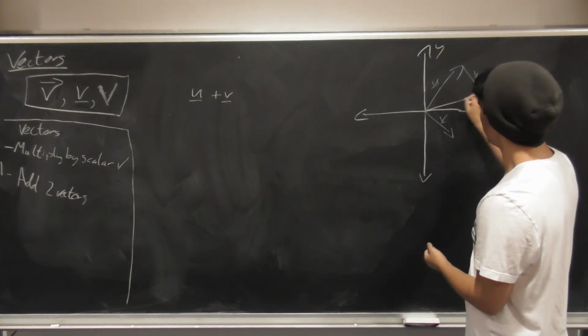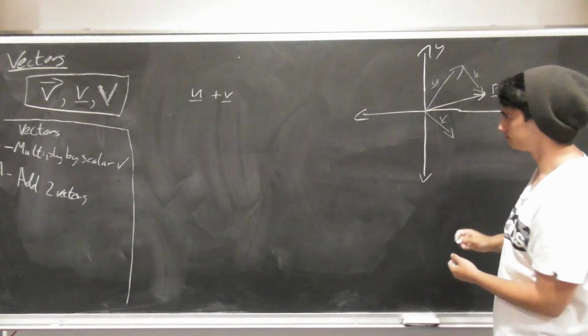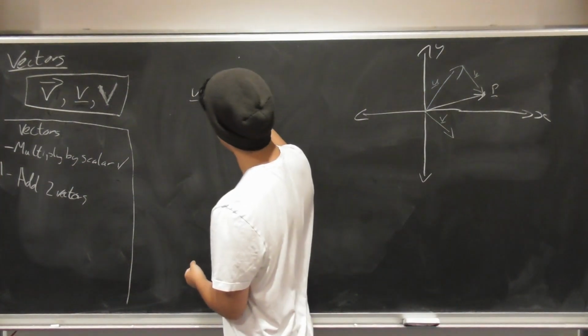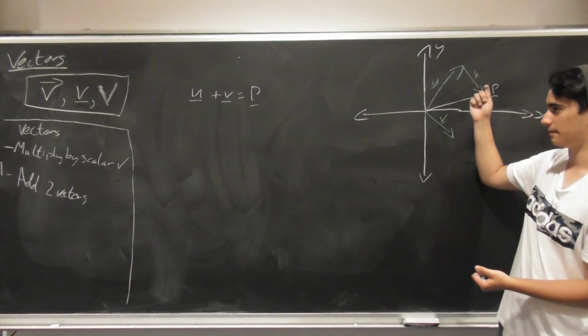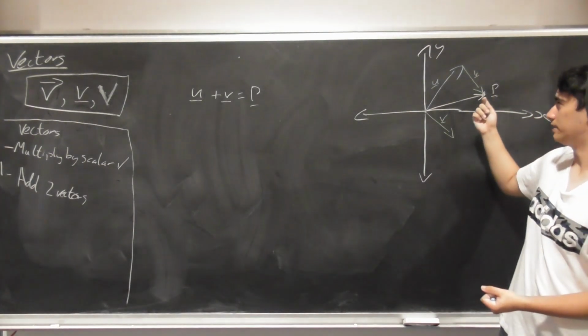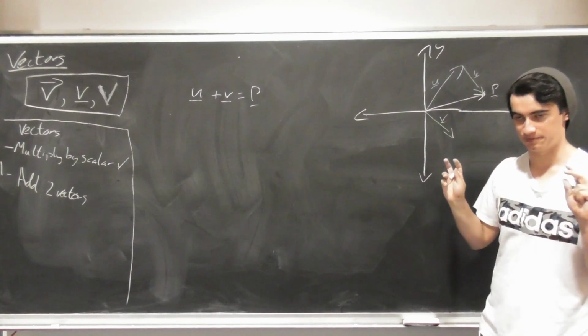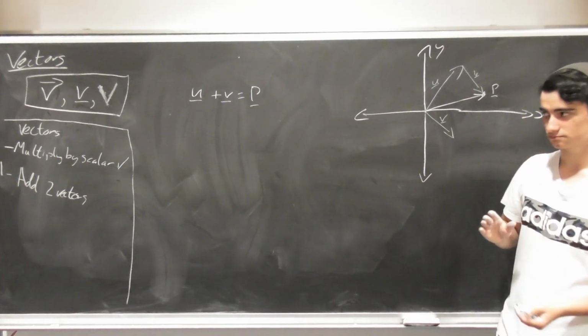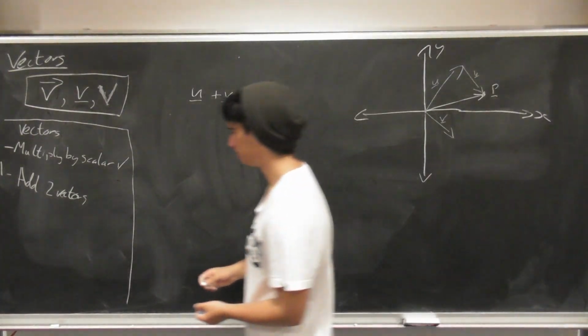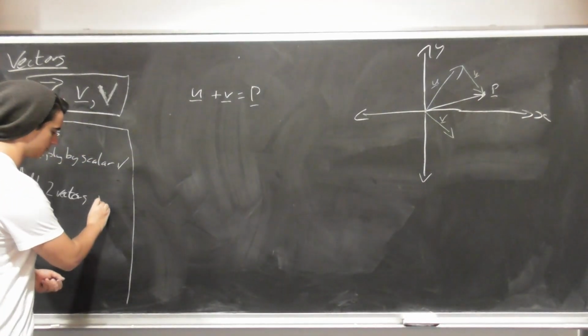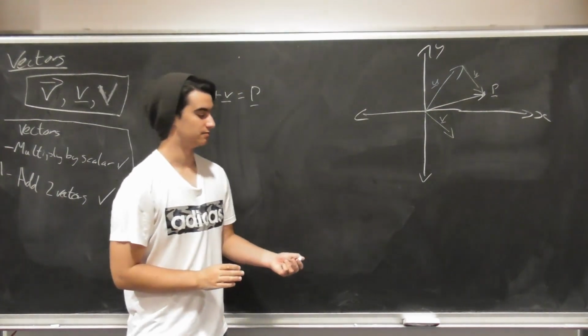Let's just say this is the vector p. So instead of saying every time that we have to move along u this amount and then along v, we can just say we're moving along the p vector instead. So this is the way that we add two vectors. We can add any amount of vectors as we want, but we'll just stick with two because it's the simplest.